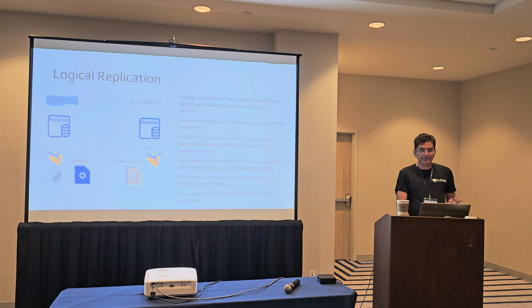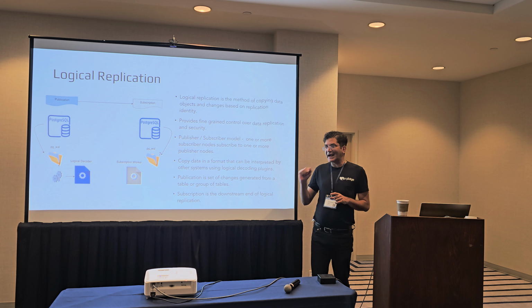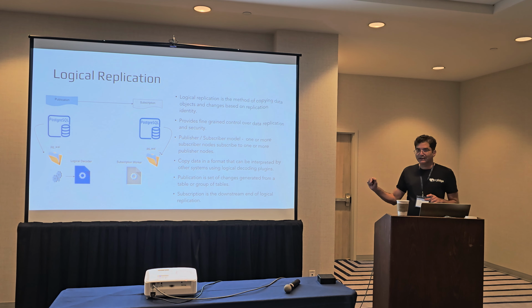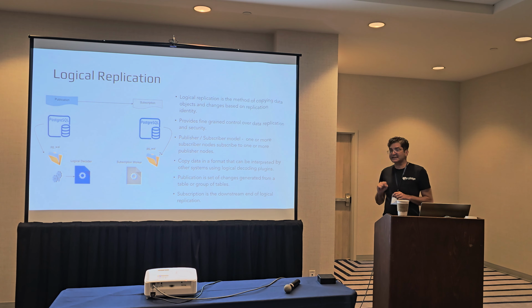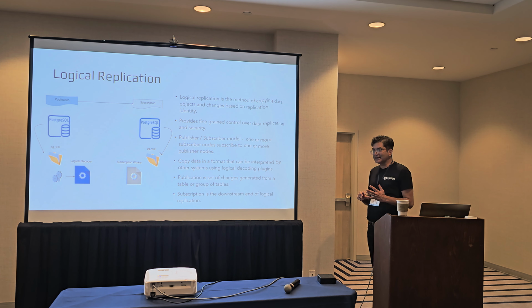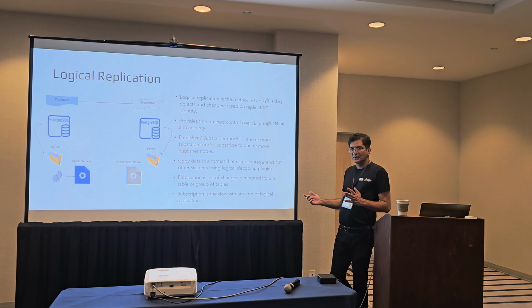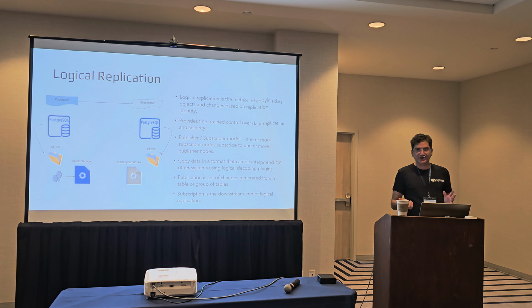So when you write something and it goes to PG1, and if you configure this node as a publication on that table, the logical decoder will decode that and send it to the other node. The other node subscribes to that table, receives that, and applies it. So you get the changes from the publication and you apply them on the subscription. That's the publication and subscription model used in logical replication.